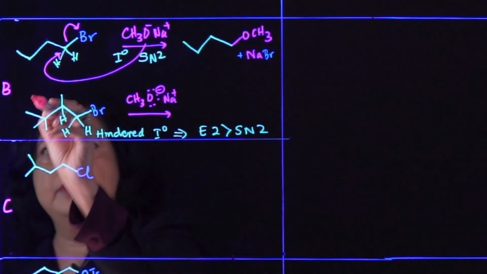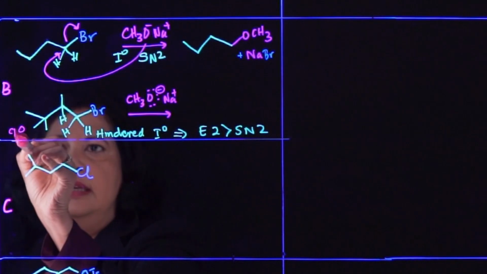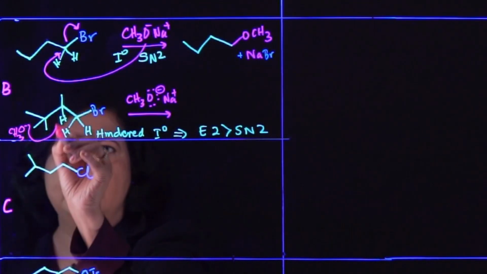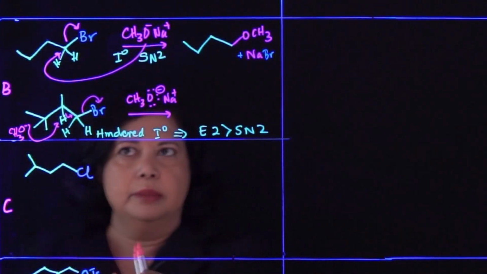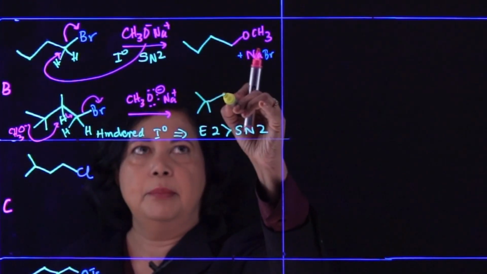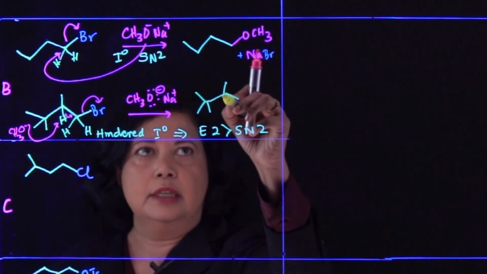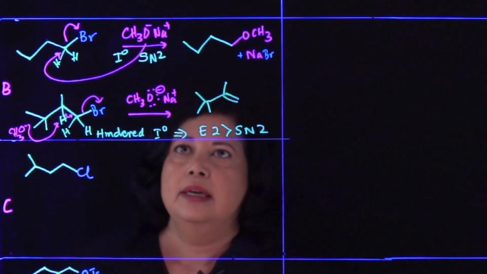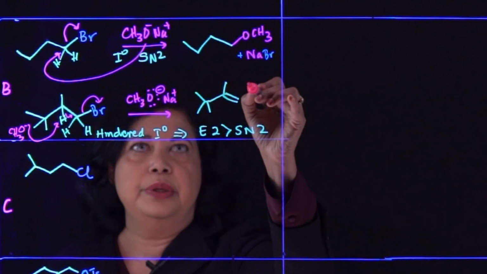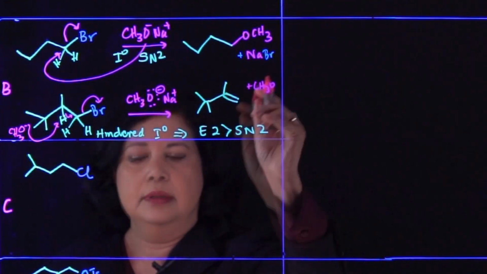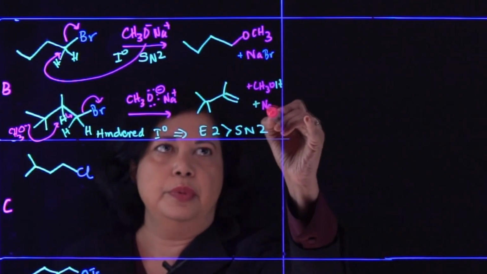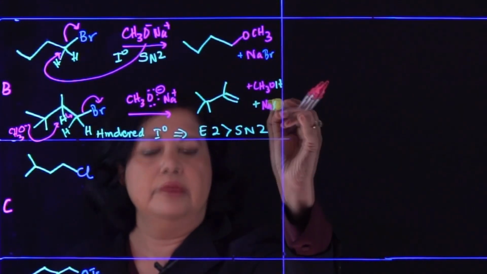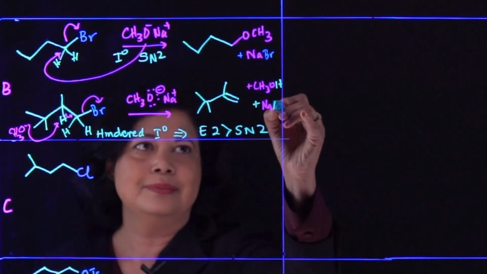So you have your base, which is your methoxide, come in, pick up that hydrogen, make a pi bond and kick out the bromide. That is a possibility that needs to be explored. I'm just putting that in so you know that those are possible. Plus, then your sodium bromide or iodide or whatever falls apart.